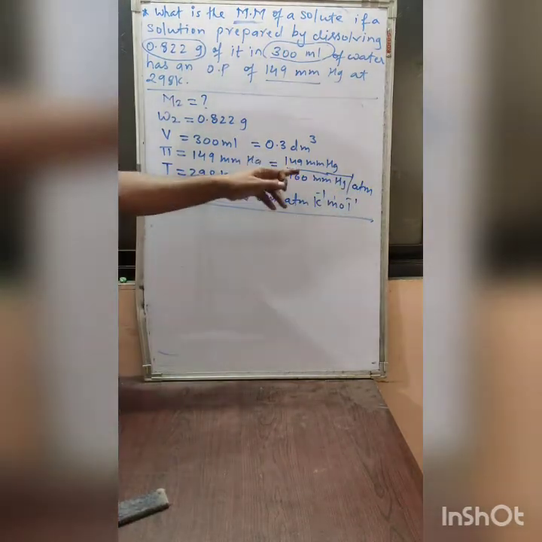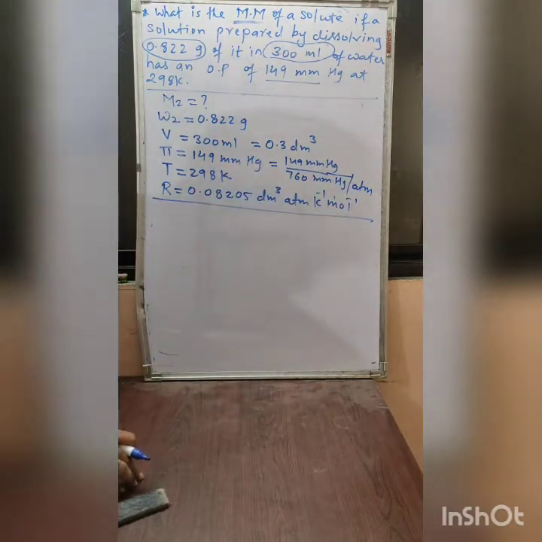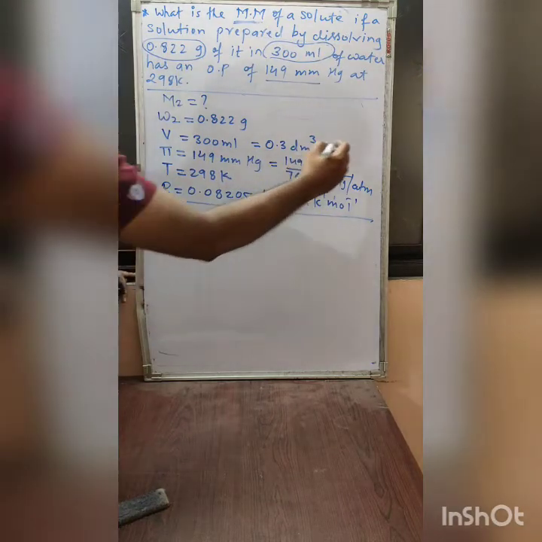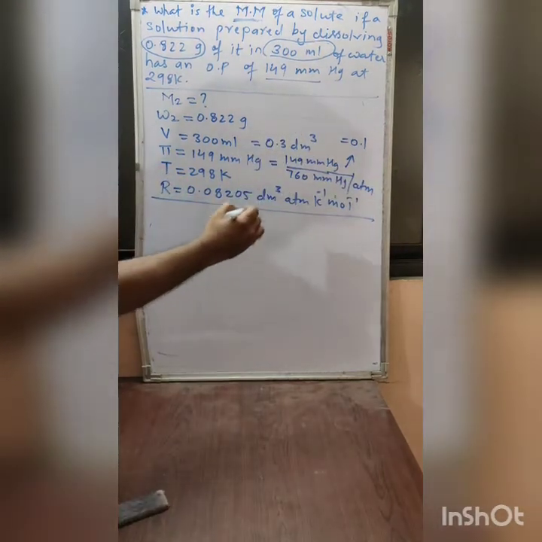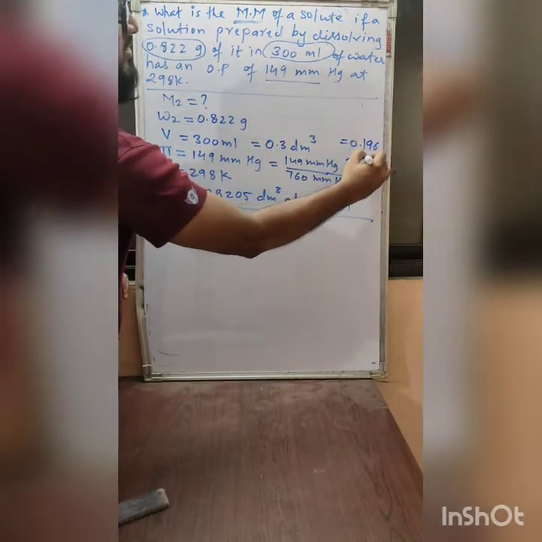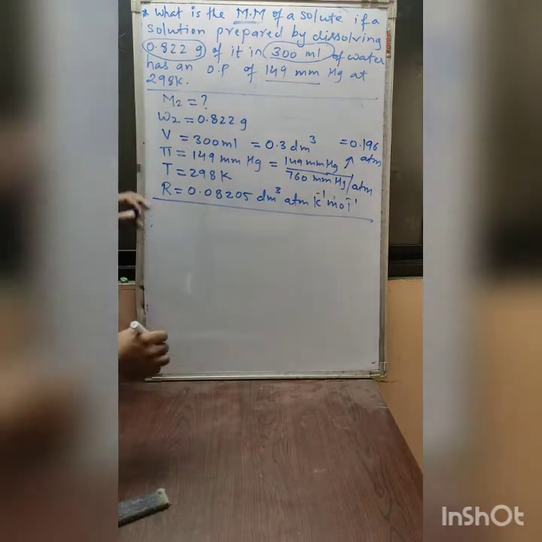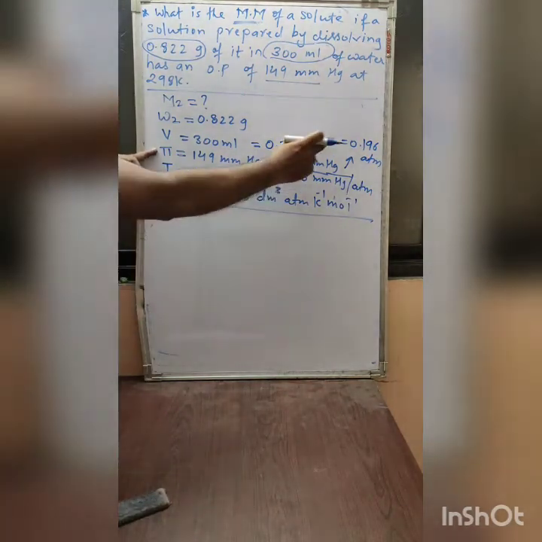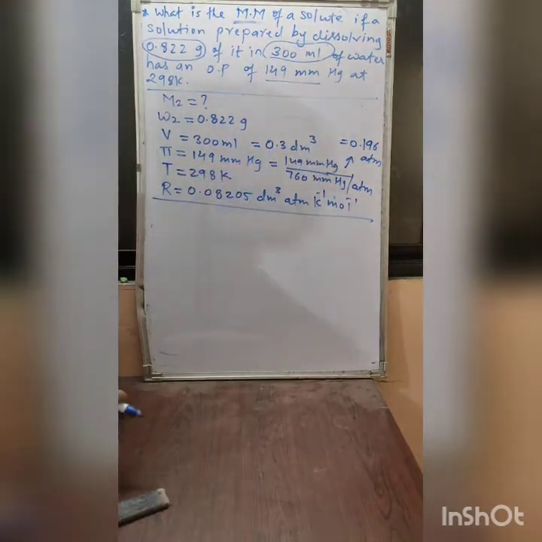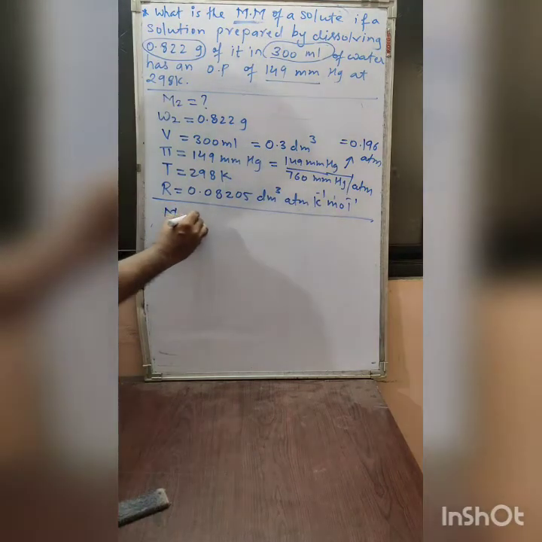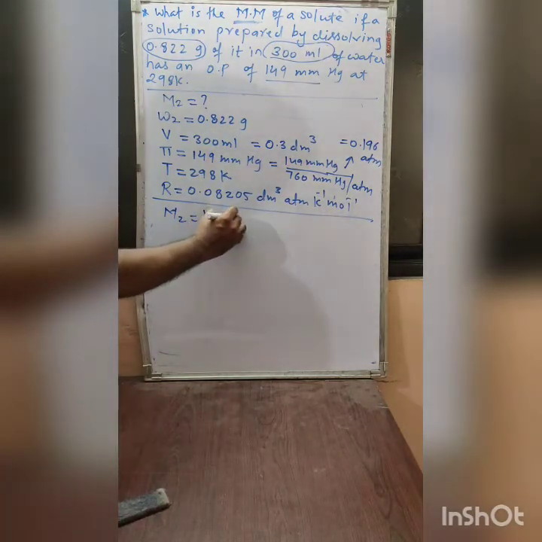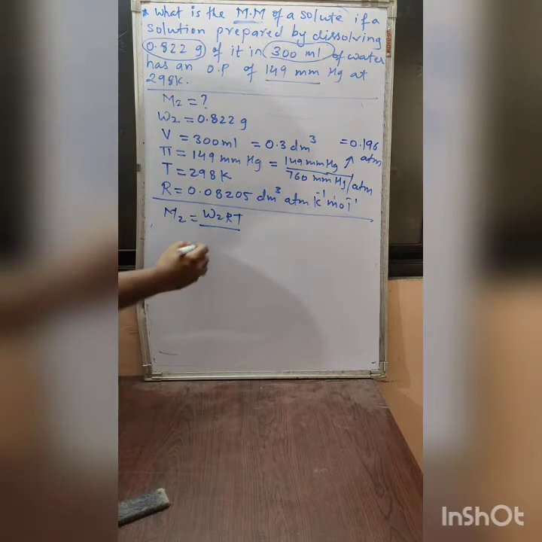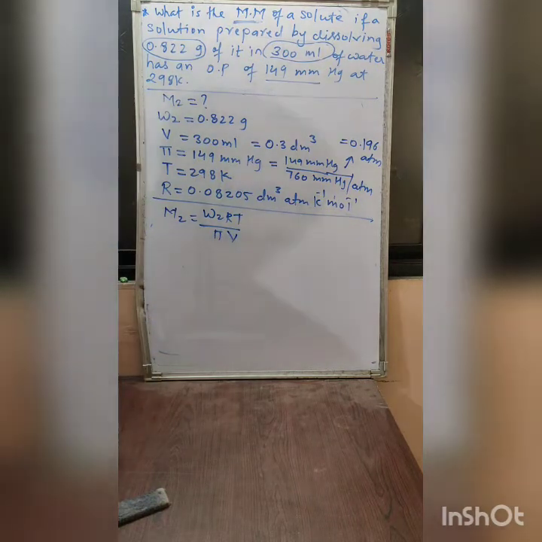After calculating this, we get 0.196 atmosphere. So the pi value we are going to substitute is 0.196 atmosphere. The formula is M2 is equal to W2RT upon pi V.